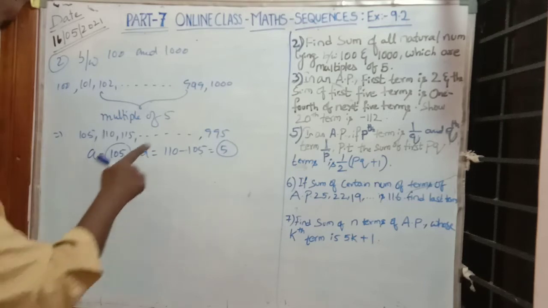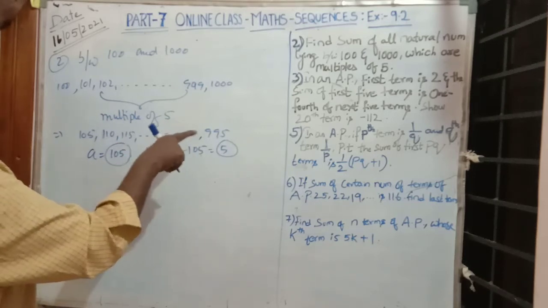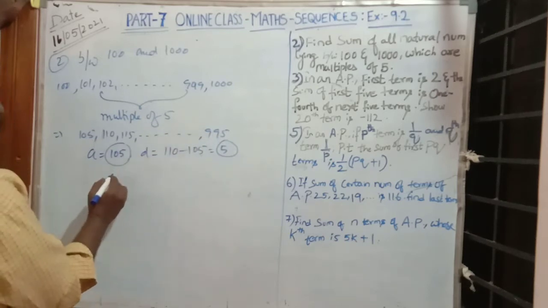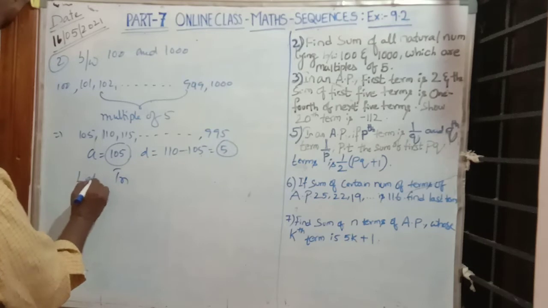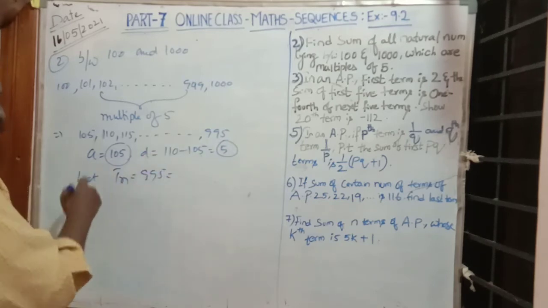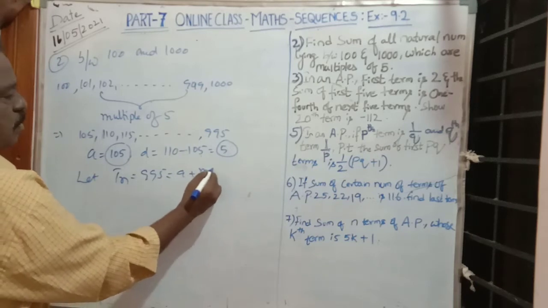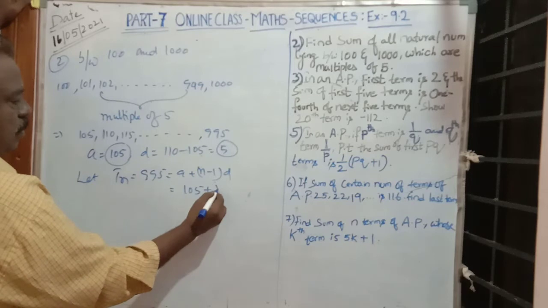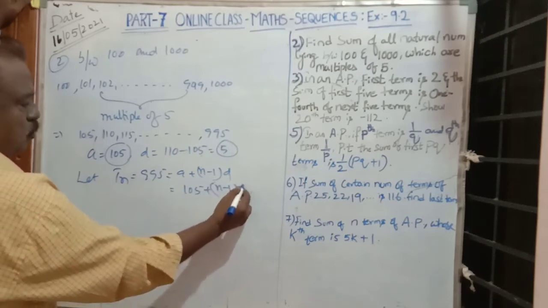Here we need to find which term is 995. Let us assume the nth term Tn is 995. What is the nth term? A plus (n minus 1) into D. A is 105, D is 5.